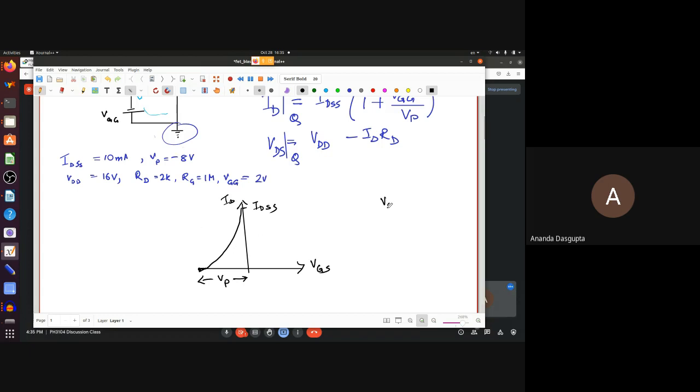VGS is minus VGG. So if I were to plot this relationship, VGS is minus VGG on this graph, what will that graph look like? What will the curve for that look like? Can anybody tell me that?